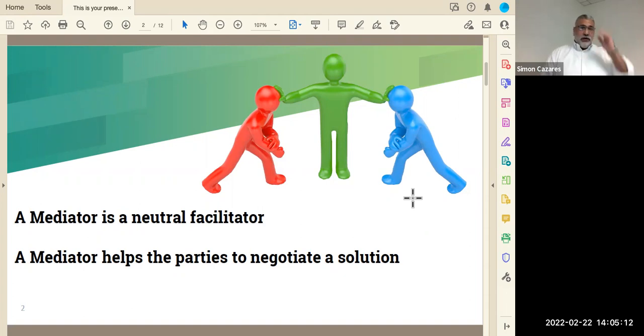The mediator is just a referee, okay? Like a boxer, two boxers fighting, the goal for the referee is to make sure that they are both in accordance to the rules and regulations, right? Well, a mediator is no different.